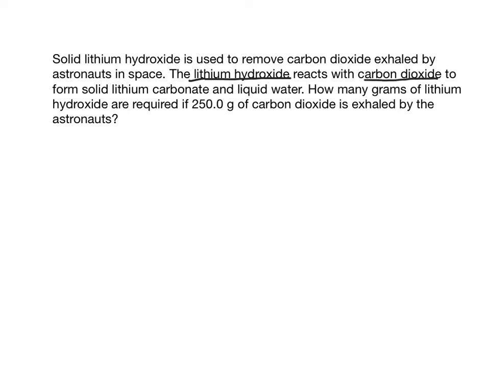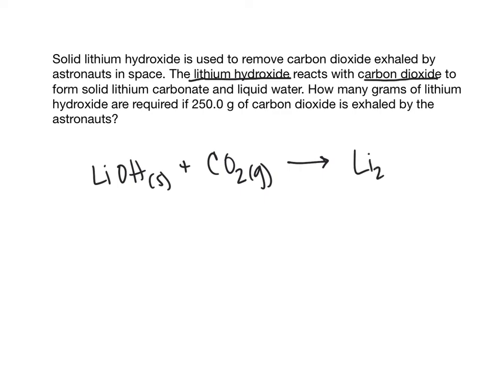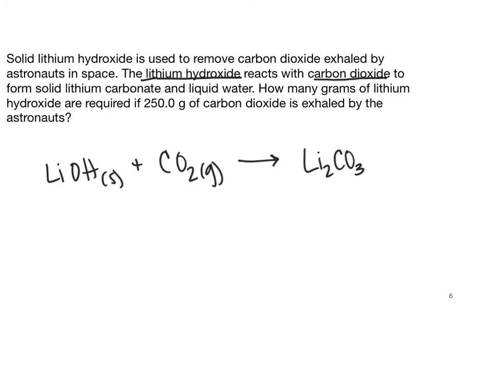So LiOH, it tells us it's solid, plus CO2, and that's a gas. And it's going to make lithium carbonate, which is Li2CO3, because carbonate is CO3 2 minus, and that's a solid, plus liquid water, H2O.